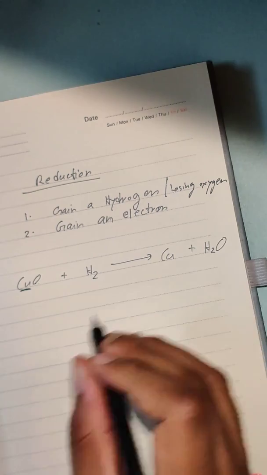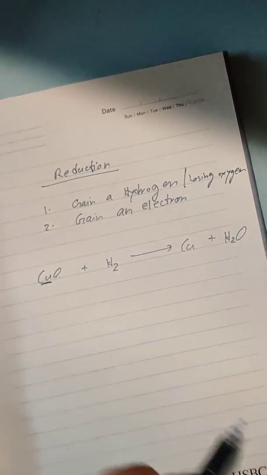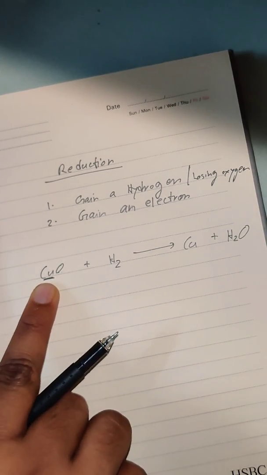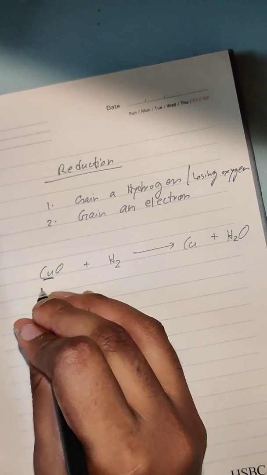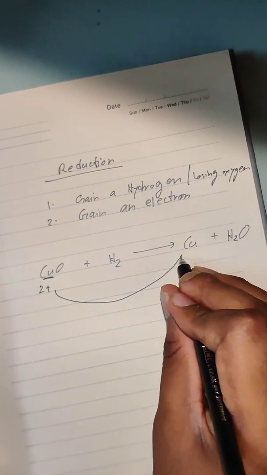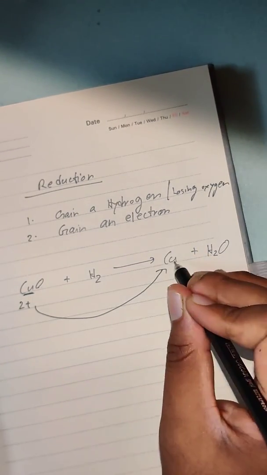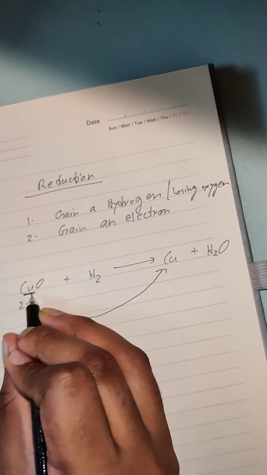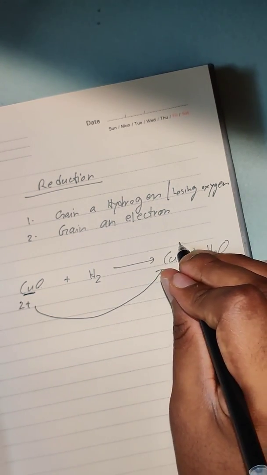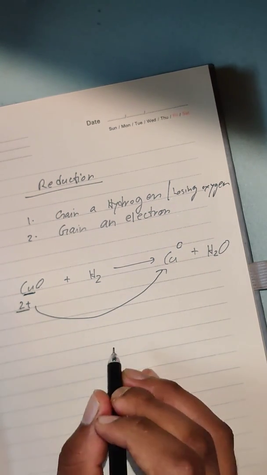When the oxygen is lost, this copper oxide, which was in compound form, had a copper charge of 2+. But here this copper is now an element, just an atom. It was an ion in the compound, and here it has become an atom. So that means this has a charge of 0. What happens to its oxidation number?